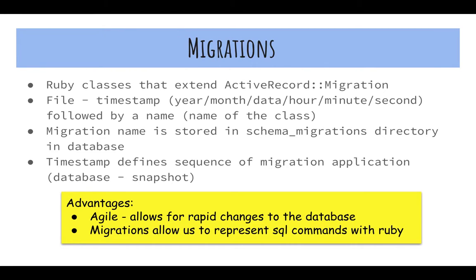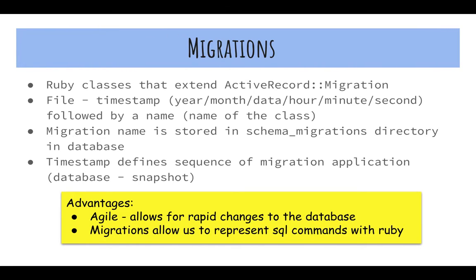Hello and welcome to this, our third lesson on Rails mastery. Here we're looking at migrations. Essentially, migrations are Ruby classes that extend ActiveRecord::Migration. We have a file with a timestamp, year, month, day, hour, minute, second, followed by the name of the class.